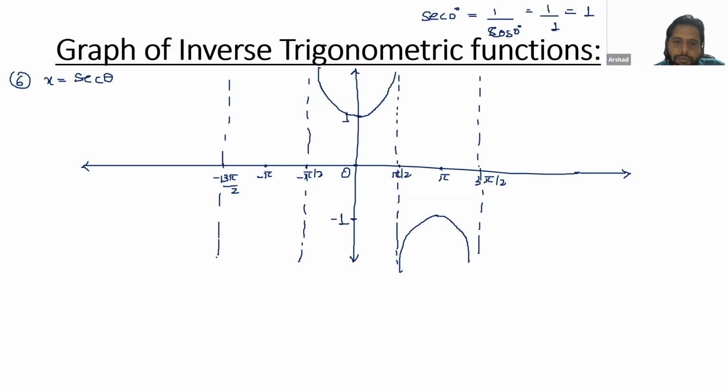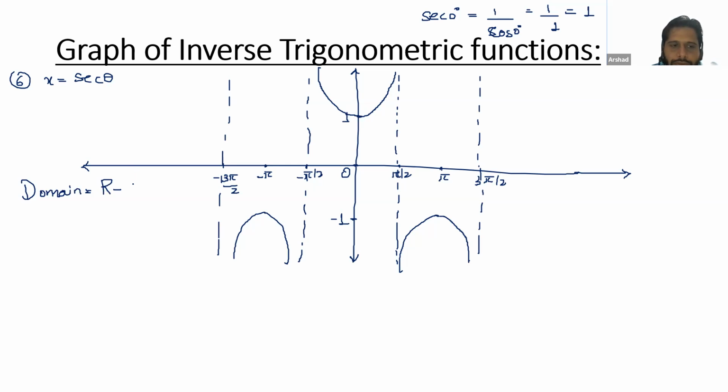Now, similarly for this one, you will get a graph like this. To find the range of sec, first of all, we will find the domain. Who can tell me the domain of this? No, domain. This is sec theta, not inverse.